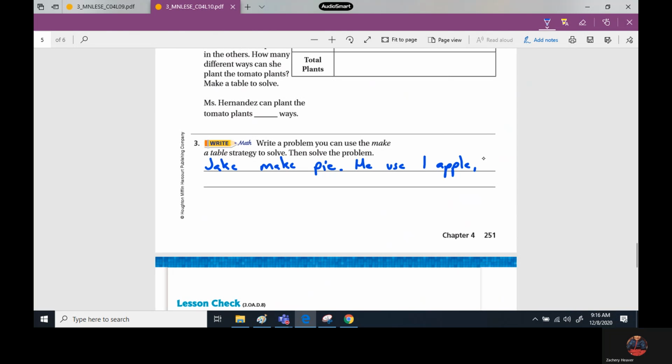He uses 1 apple, 2 peaches, and 2 bananas for each pie. How many will he need for 3? How many fruits?